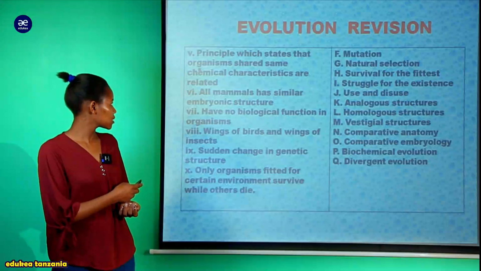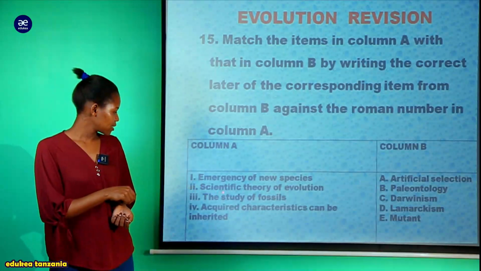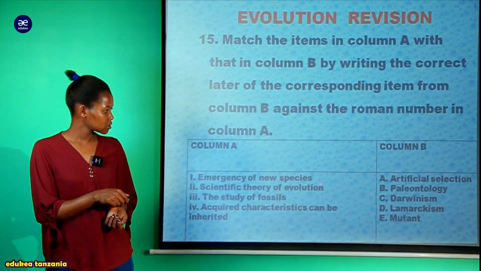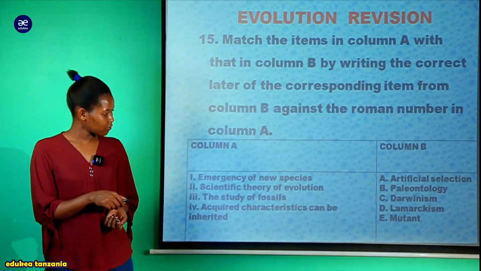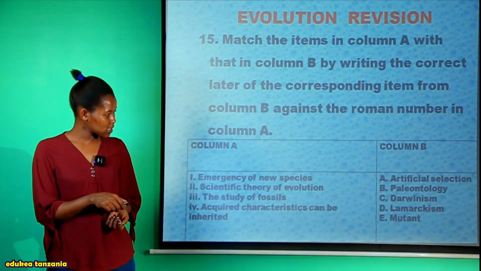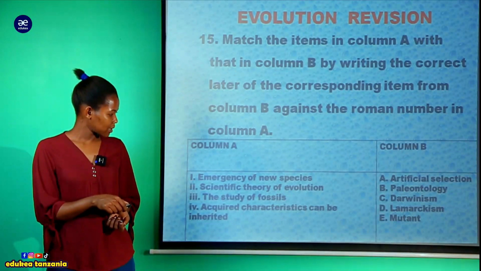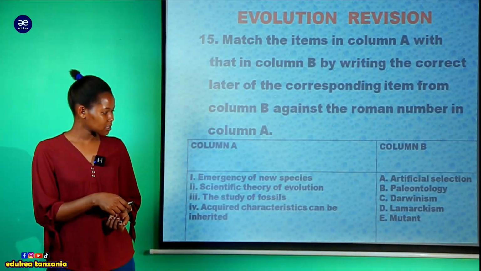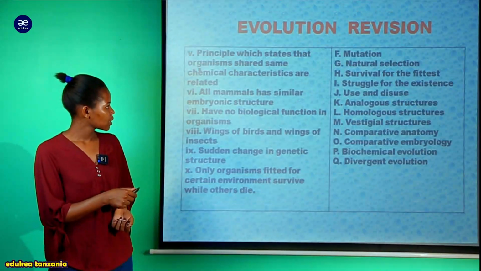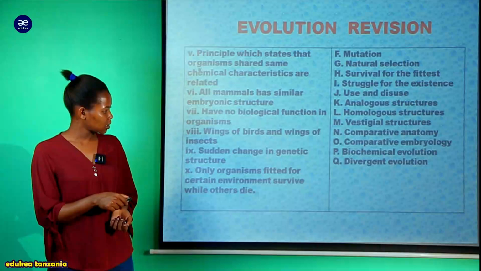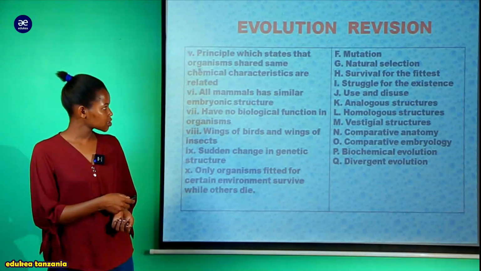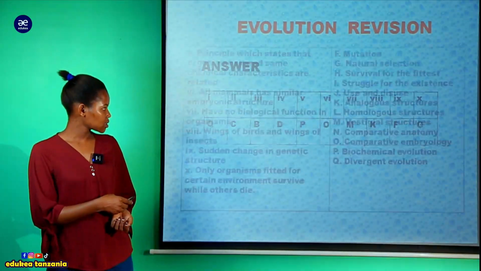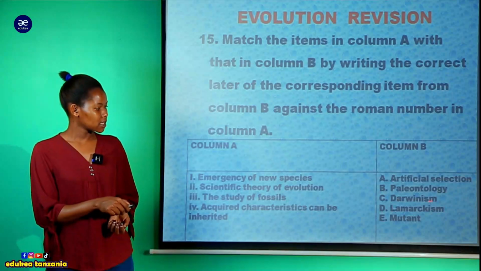Now, let's take a look at the second item, scientific theory of evolution. You can see there is Darwinism, there is Lamarckism, but Lamarck, I think there is another item which will be the answer. And when you look at it, there is no other selection, you will know the correct answer is C, which is Darwinism.